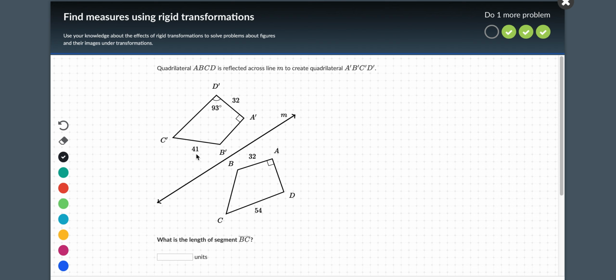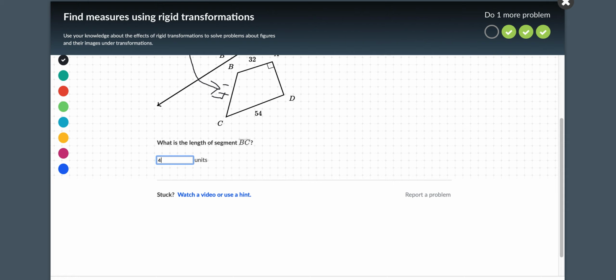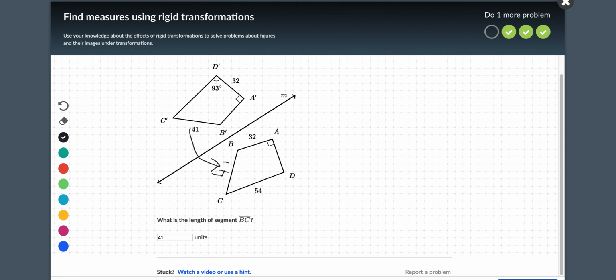Since B prime and C prime have a distance of just 41, then B and C will be 41. So the length of segment BC is 41 units.